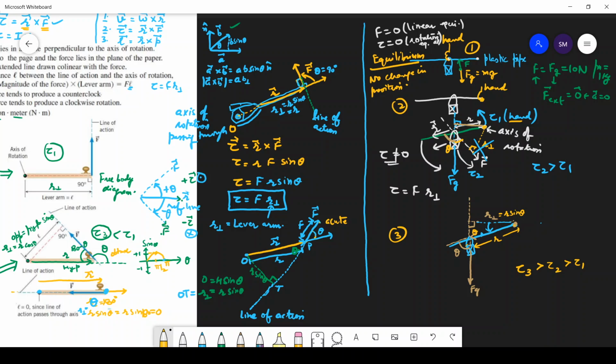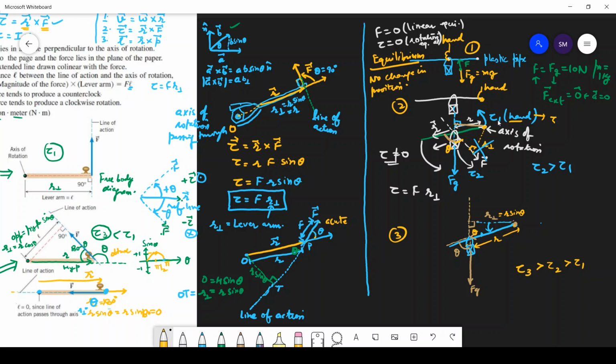Why? Because we are holding it at the axis of rotation. If we are applying force at the axis of rotation, R is 0 in this case. So in the case of your hand, this is not the tau 1.